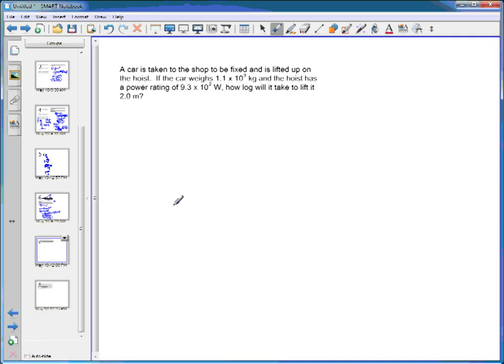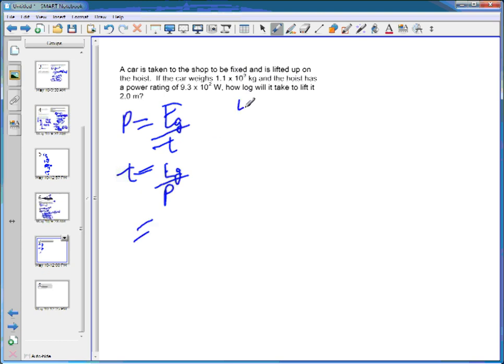So we're going to look at power equals Eg over T. Therefore, T equals Eg over P. And we know that Eg equals mgh.